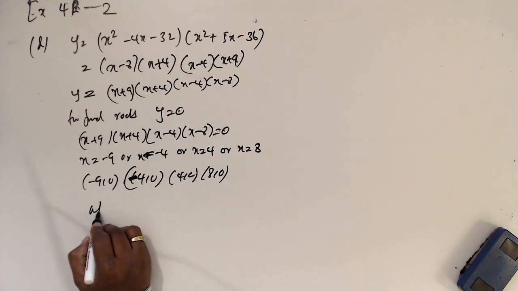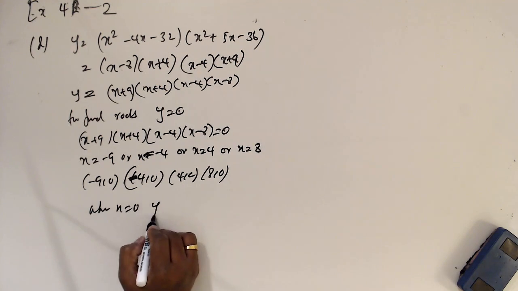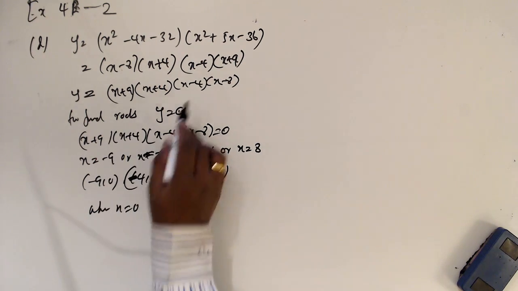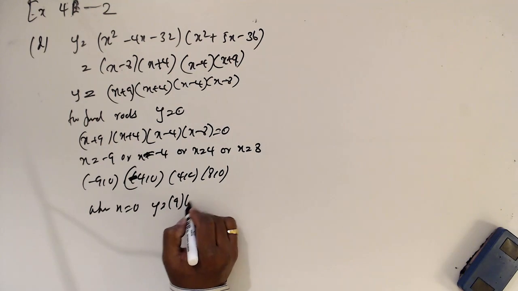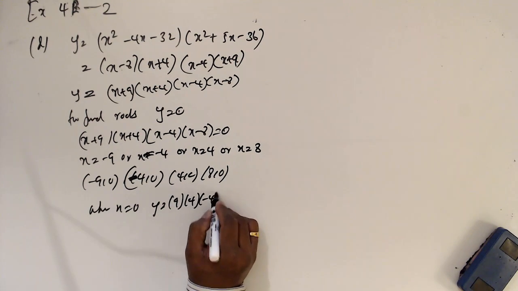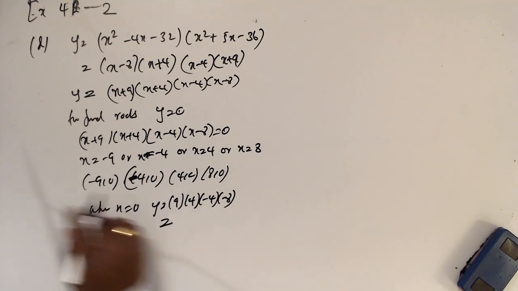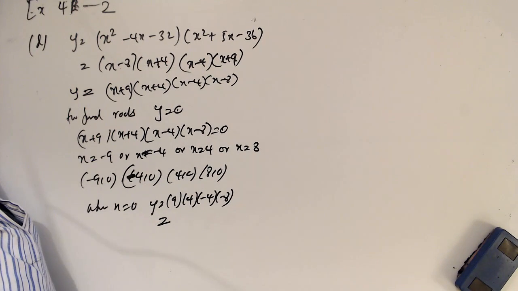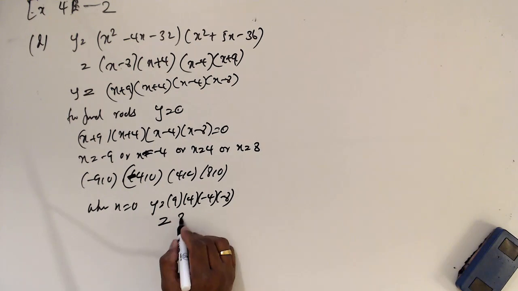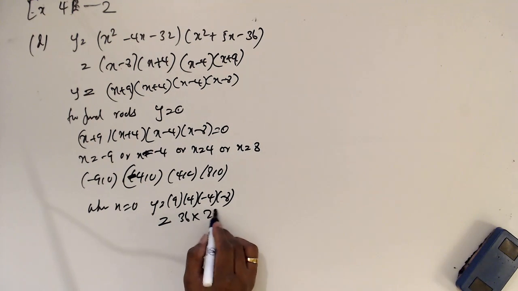Then when x equals 0, y is, putting into this one, 9 times 4 times -4 times -8. Thirty-six times 28.